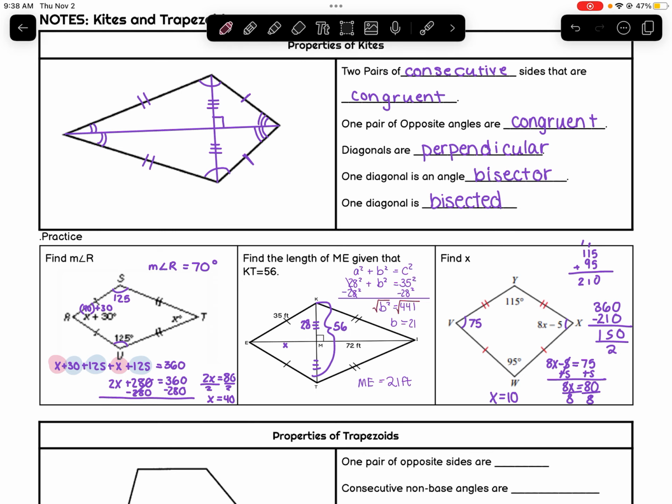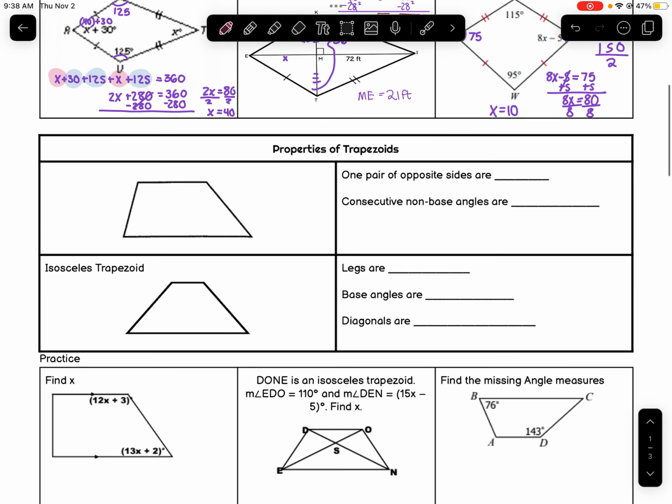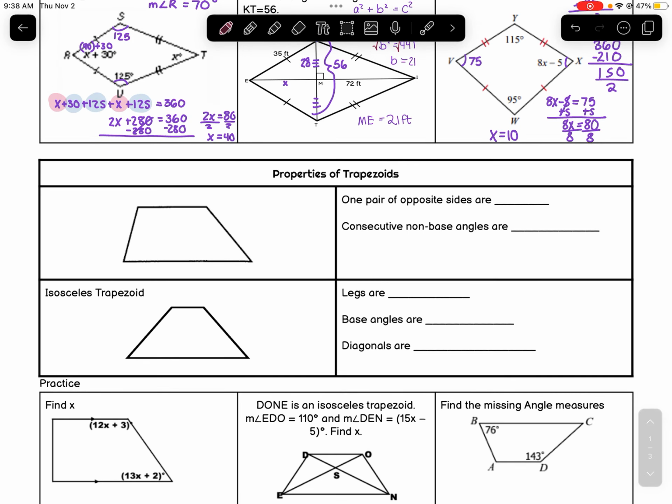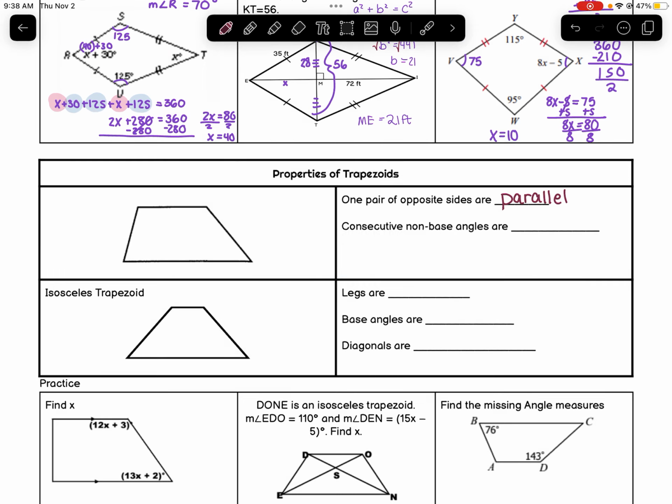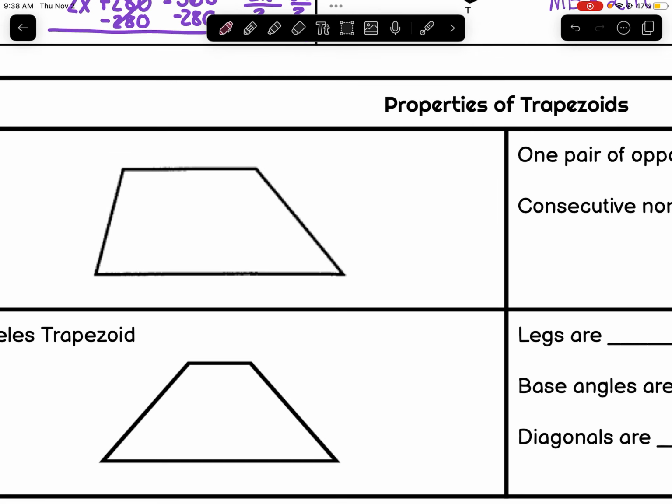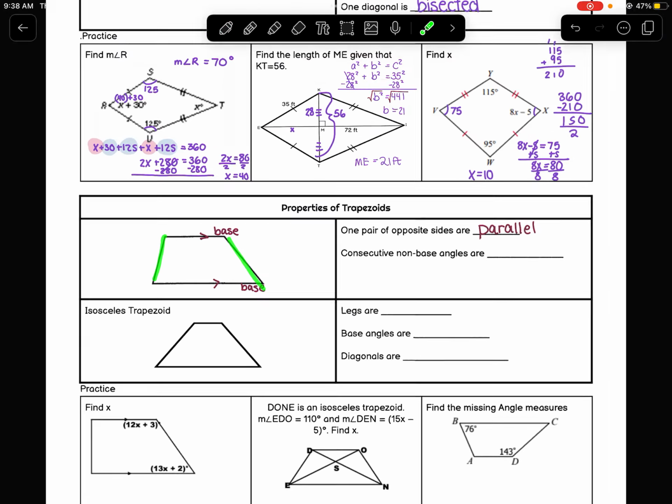Let's learn about trapezoids. So what is a trapezoid? Well, it's a quadrilateral that has one pair of opposite sides that are parallel. And so this side is parallel to that side, and those parallel sides get special names. These are our bases, and then the other sides are known as legs.